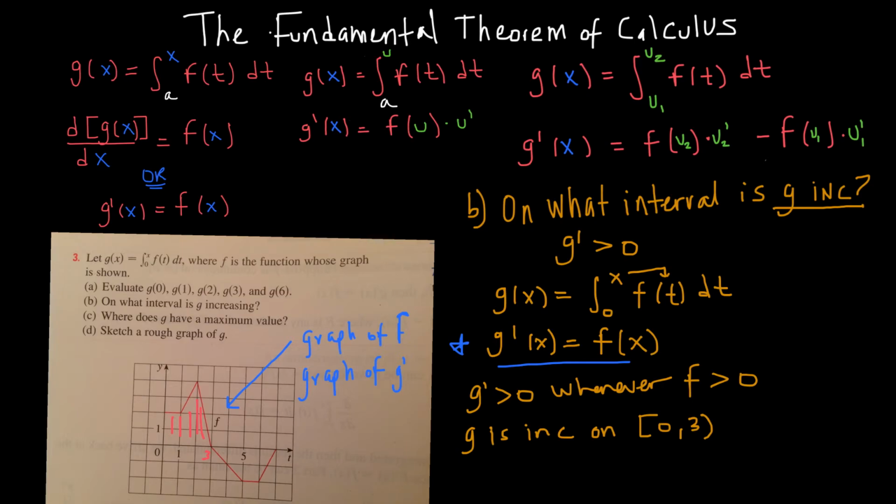Okay, so from 0 to 3, including 0, not including 3. And so g is increasing on 0 to 3 because, now this is important, g prime, which equals f, is positive on that interval. So you have to make that connection again.